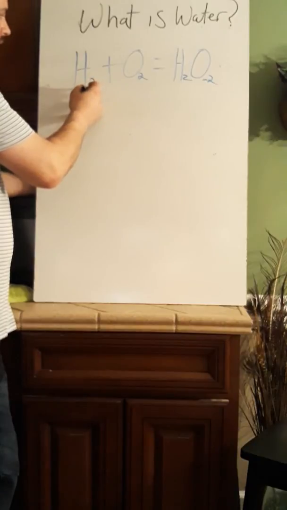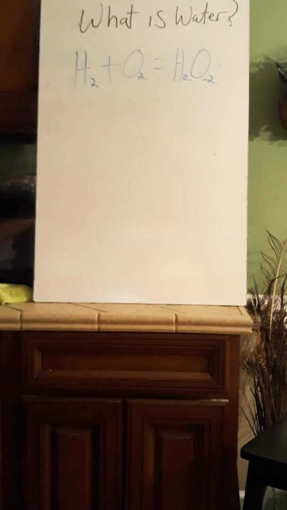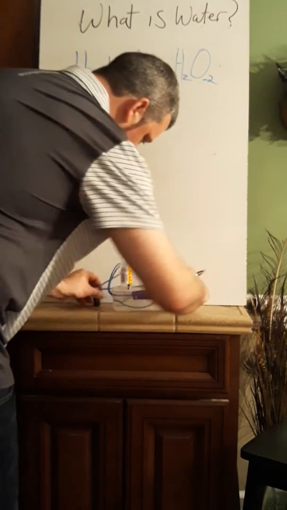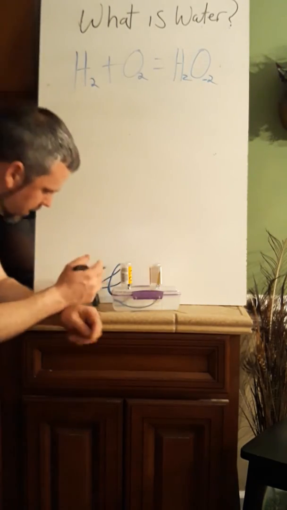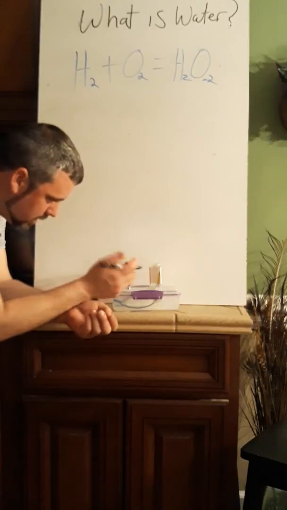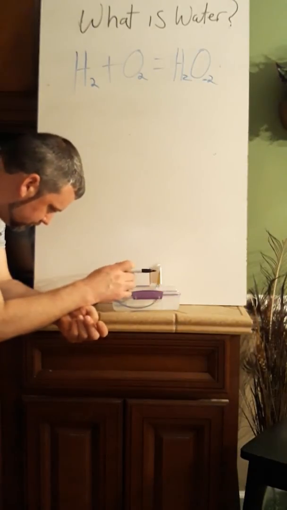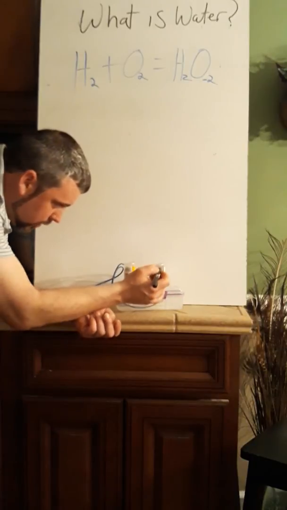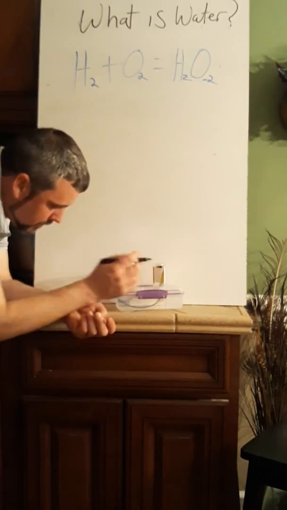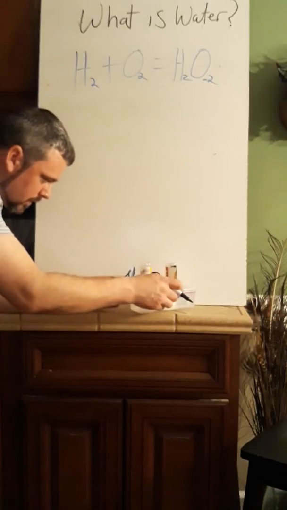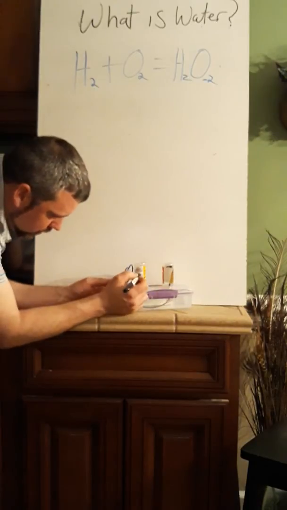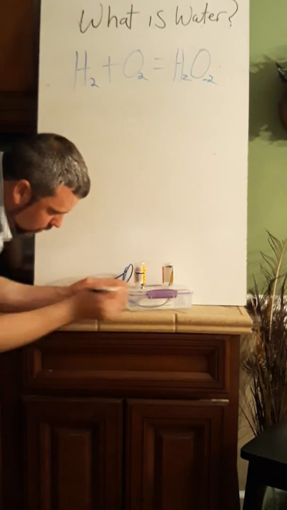So here's the experiment that I've set up. My battery's dead now, but it's done enough for you to see what's happening. Right here is the water level on one side, and here is the water level on the other.